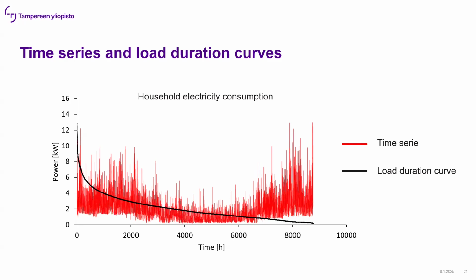So that's the time series and the load duration curve of that system. So you can see during the summertime, you have less consumption than in the wintertime, because during the winter it's cold, and in this certain household, the electricity is being used to heat up the house via the boiler and via the heat pumps.